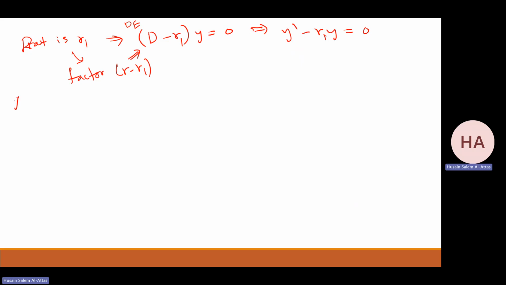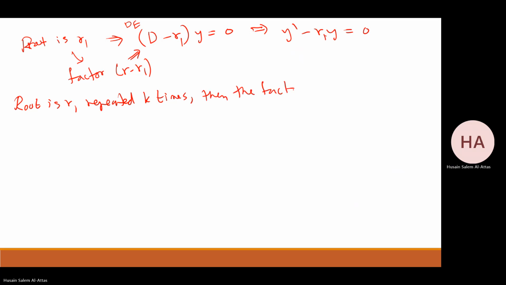Now, if the root is r1 repeated k times, then the factor is r minus r1 to the power k. That would be the factor.